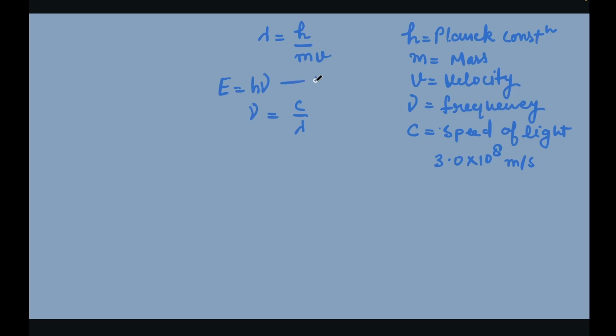This is equation 1. Now put the value of nu in equation 1, then we will get E is equal to hc upon lambda. This is equation 2.